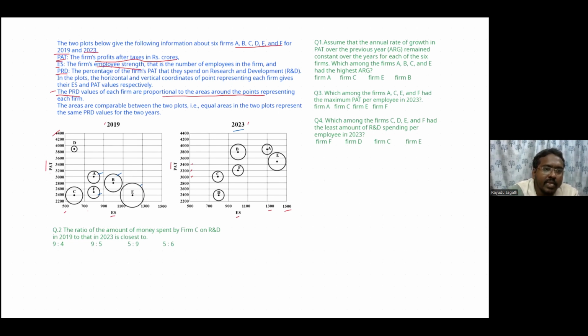Indirectly, area is directly proportional to radius square or diameter square. Here, what is the diameter of this circle? It is lying between 2800 and 3200. This is 2800, this is 3200. Diameter is 400, so 400 square we have to apply.